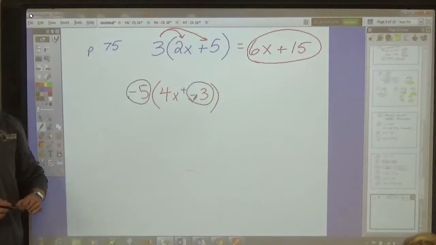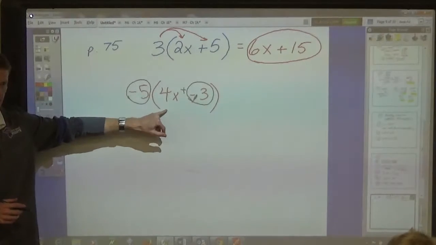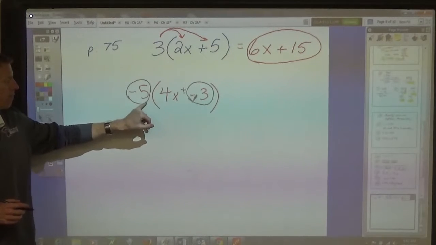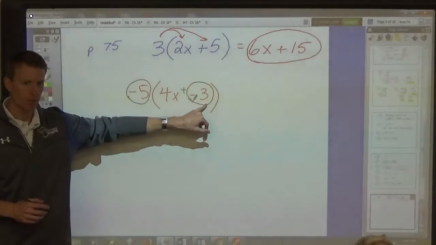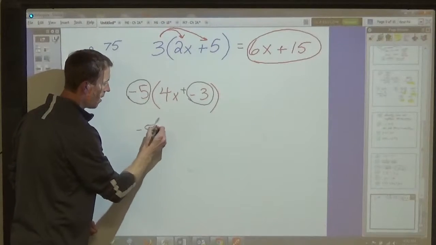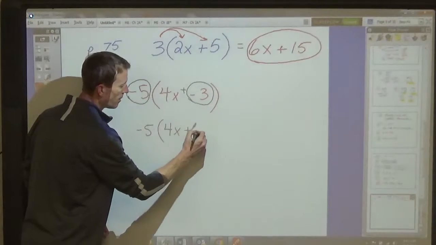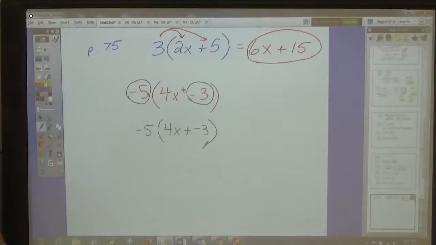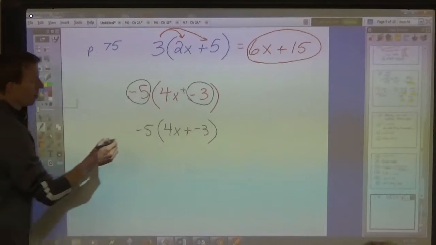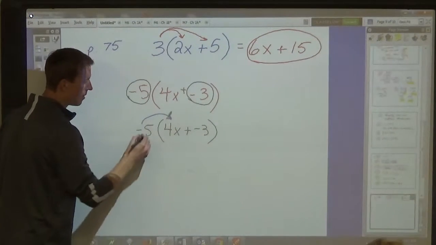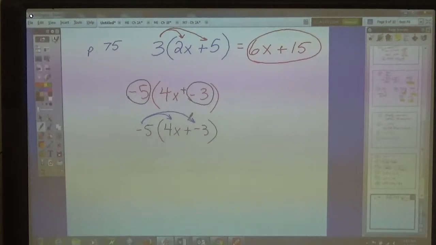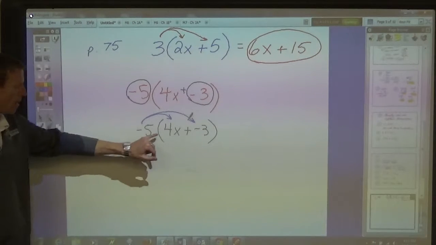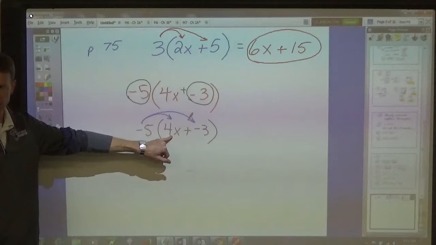Okay? So everybody write this one down in your notes. We've got -5 times 4x minus 3, and it's changed to -5 times 4x plus -3. Okay? Then draw arrows over the parentheses, which means multiplication, -5 times 4x.